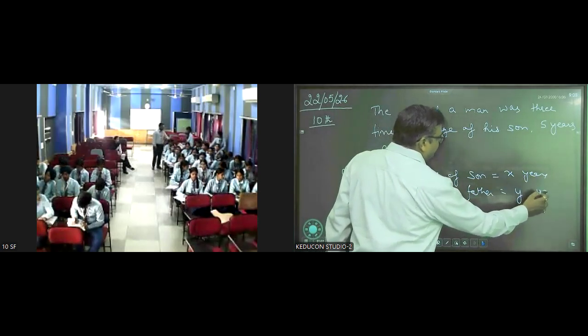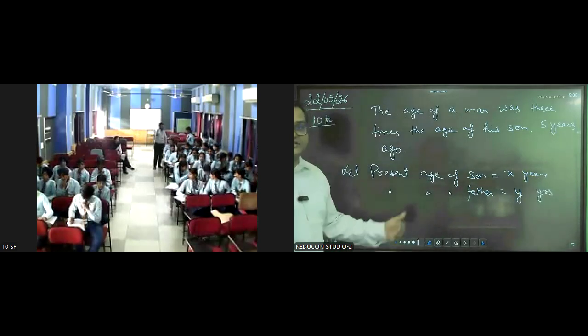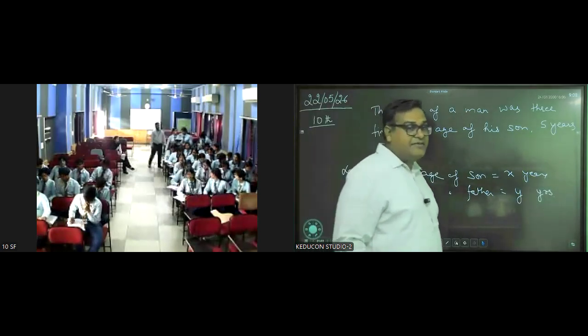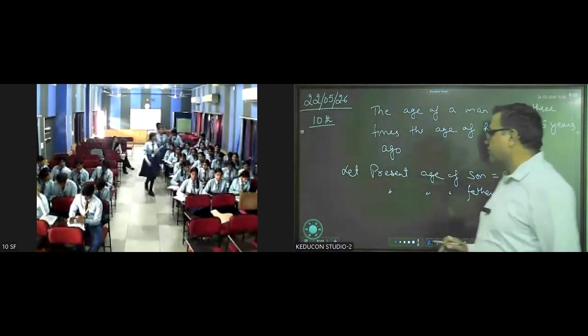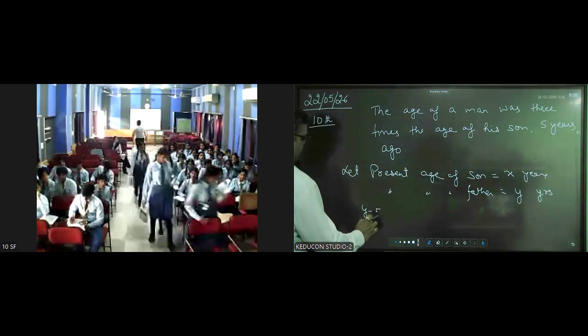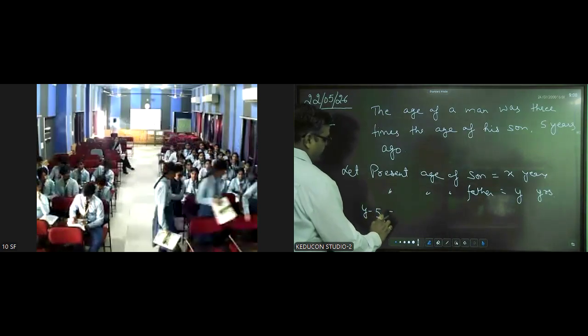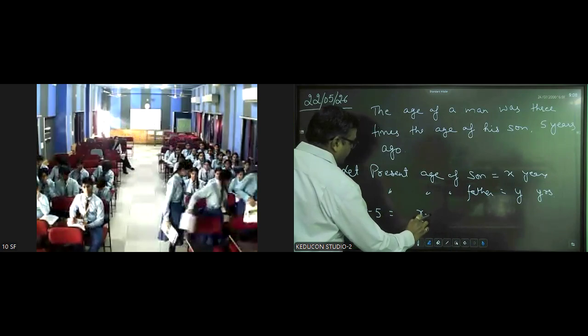Now what he is saying, 5 years ago, what will be the age of the father 5 years ago? Y minus 5. The age of father 5 years ago will be Y minus 5. The age of son 5 years ago will be X minus 5.